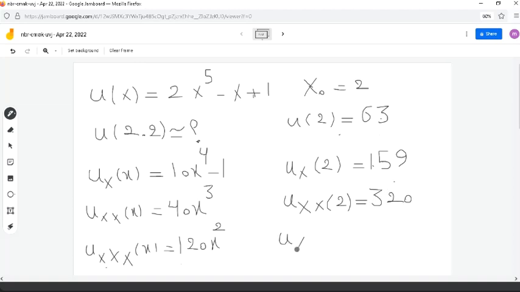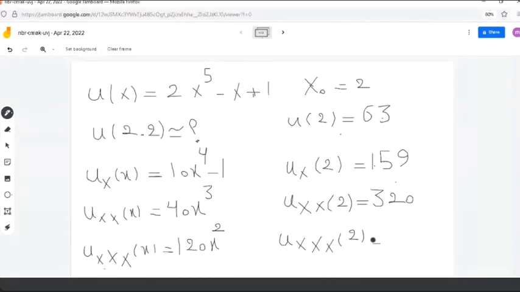And the u triple x, or the third derivative of u at 2 equal to 2 power 2 is 4, multiply 120 is 480. Okay?